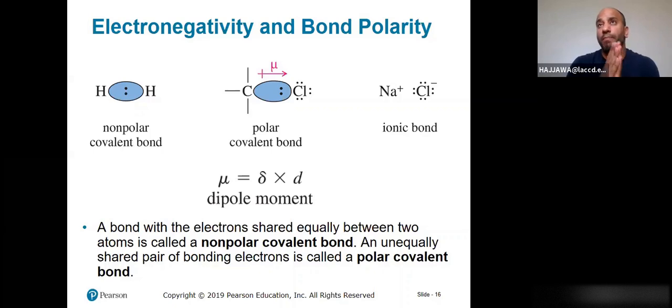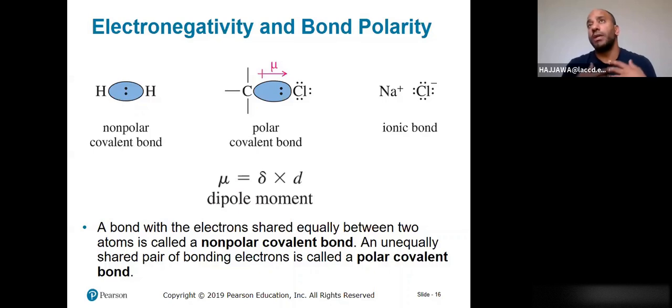If the difference between the two elements' electronegativity values lies between 0.4 and 1.8, then it's a polar covalent bond. If the difference comes up to be 1.8 or higher, then it's an ionic bond. So that's how we figure out the difference between polar covalent and non-polar covalent.